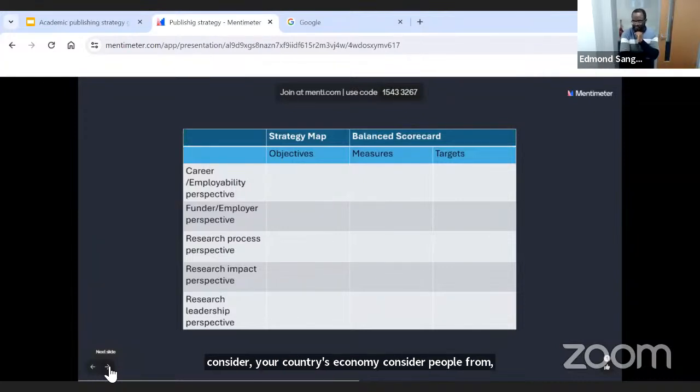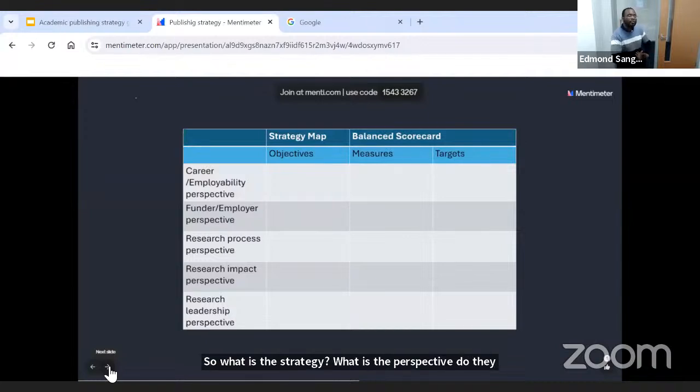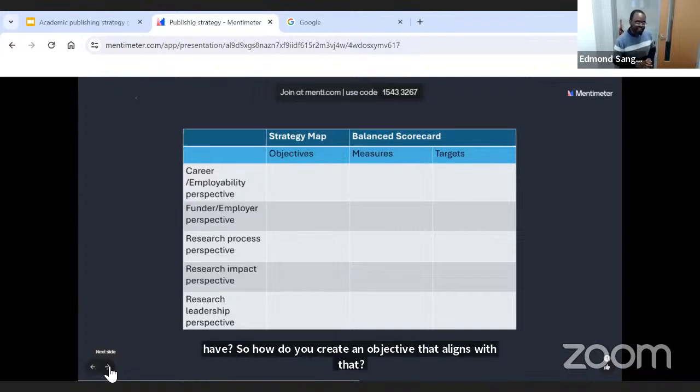What's their perspective regarding your research? Because you want to create a strategy that is of high impact. So how do you create an objective that aligns with that kind of research impact need?